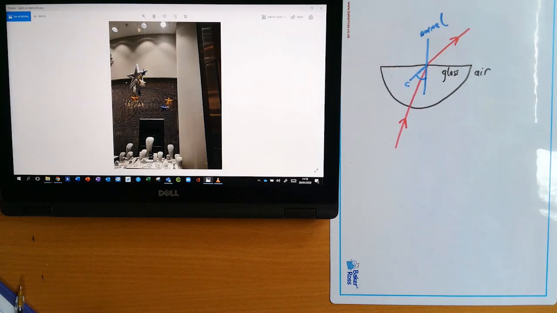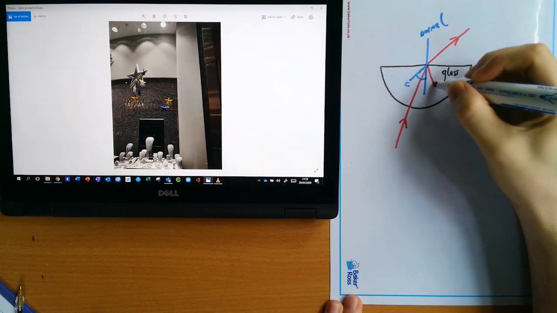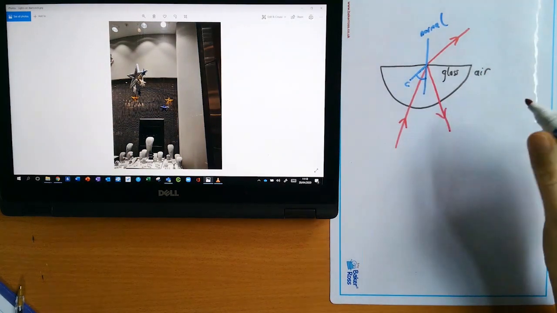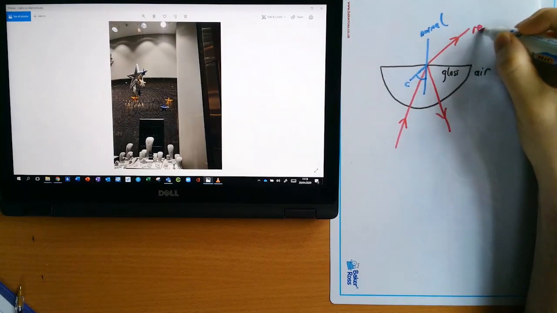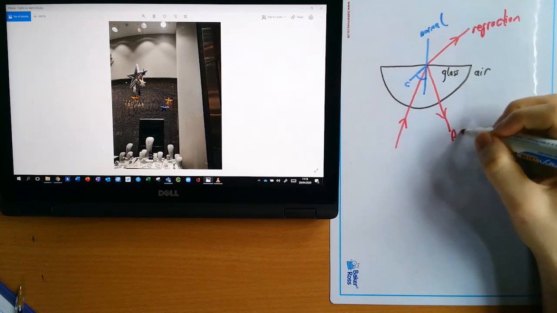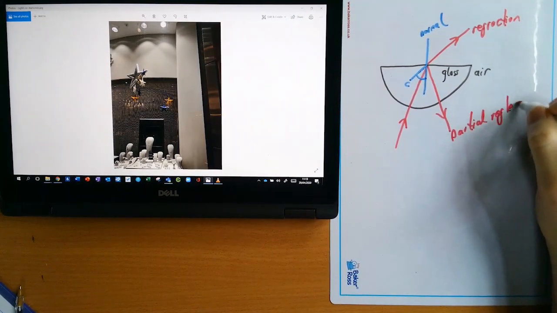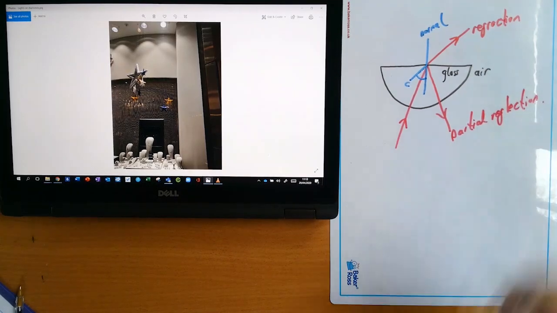So at this point we have got refraction because we are not greater than the critical angle. What you might get is a partial reflection. So that is refraction. Partial reflection, but it's not total reflection.